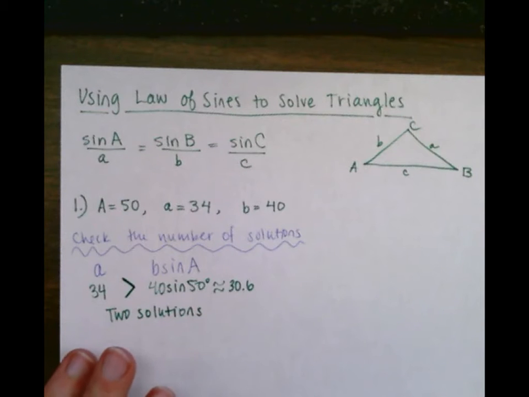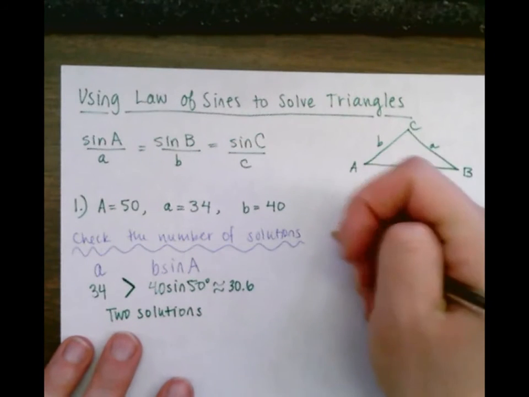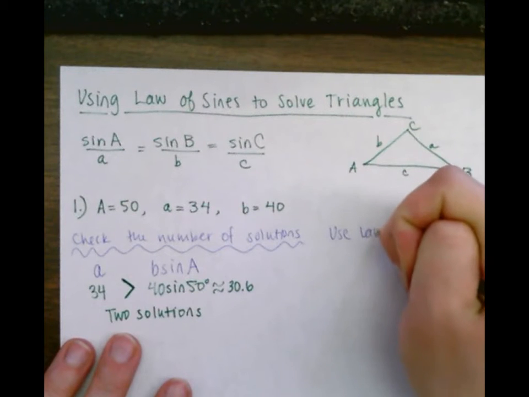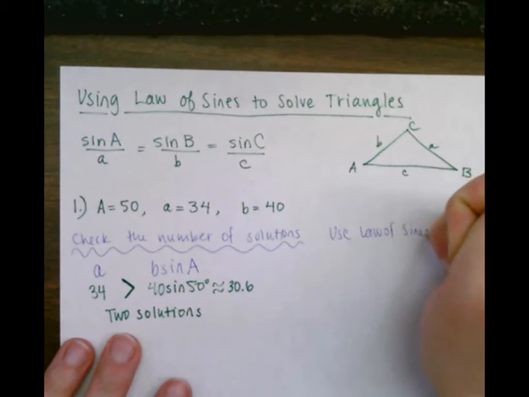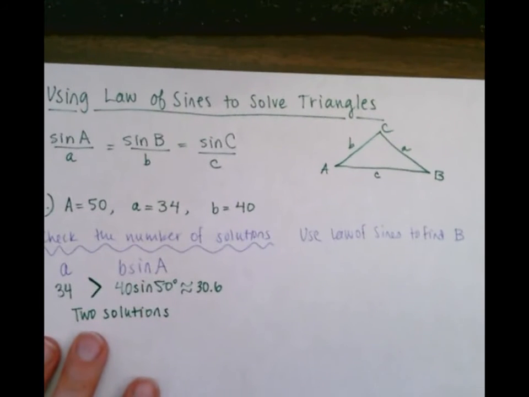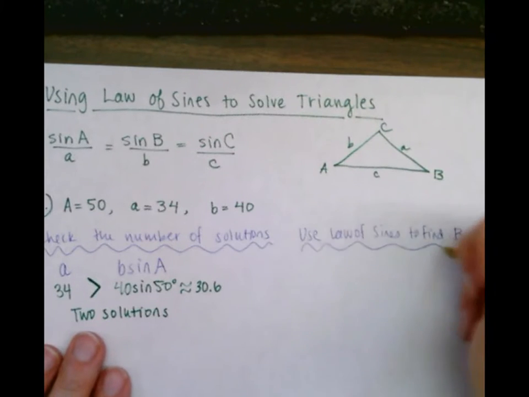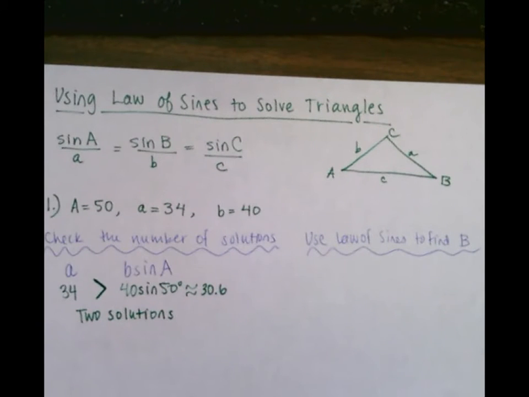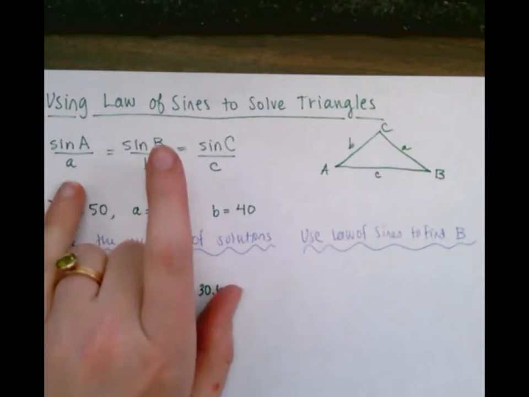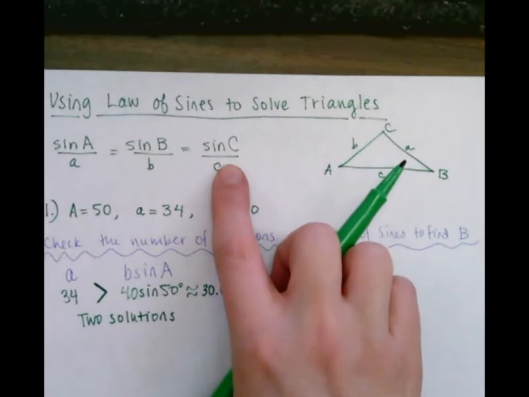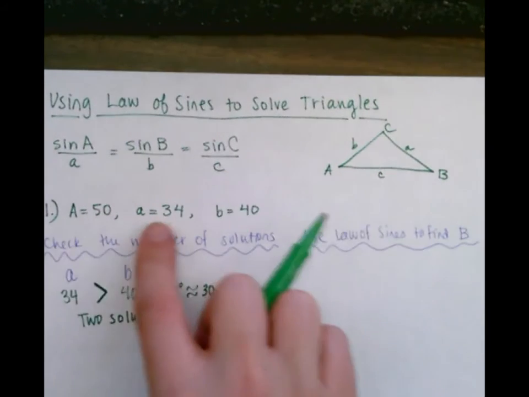The next thing we're going to do is use the law of sines to find B. When I say B, I mean big B, which is angle B, okay? The law of sines is telling us we can set up 2 of these proportions. I'm not going to use sine C over little c right now because I only have a's and b's.